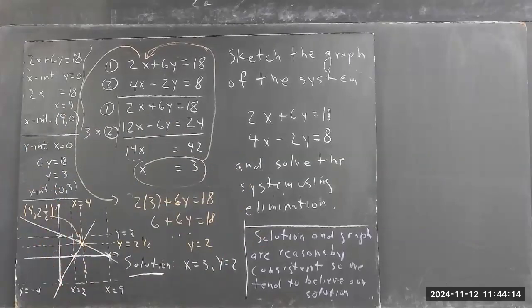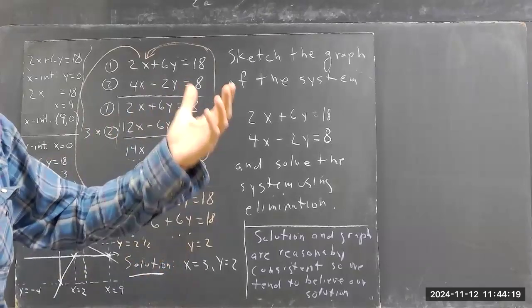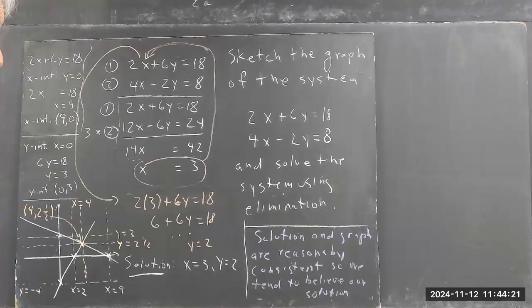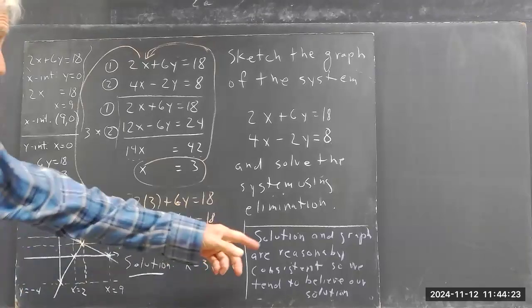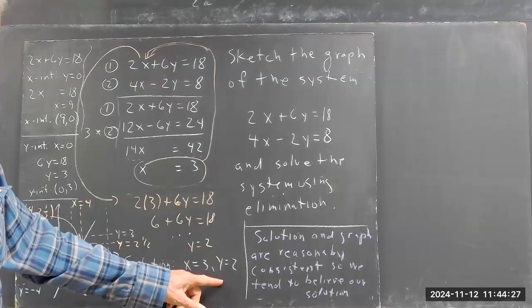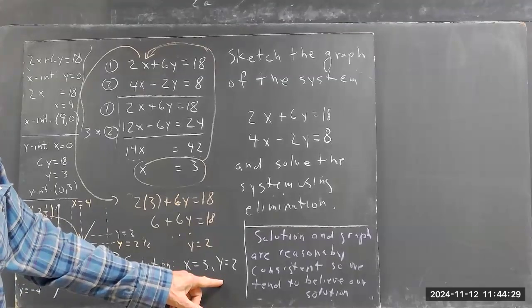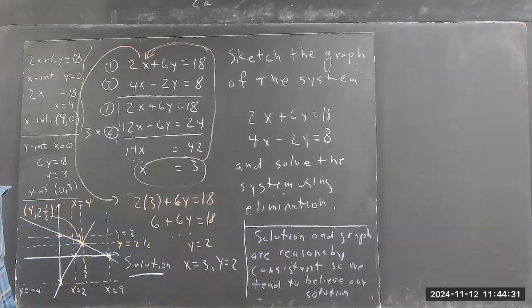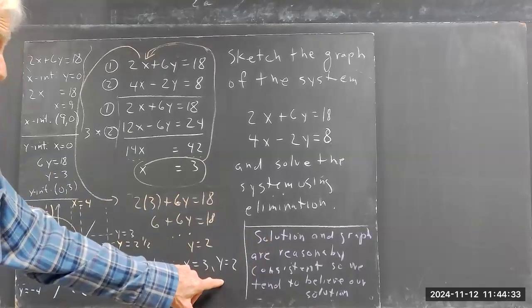Then sketch a graph, usually using the intercept, but you can do it with slope at a point. That's okay too. See if your solutions are consistent, and check the solution you got by elimination, because that's the one that's going to be accurate. If these are consistent, then chances are this is right.